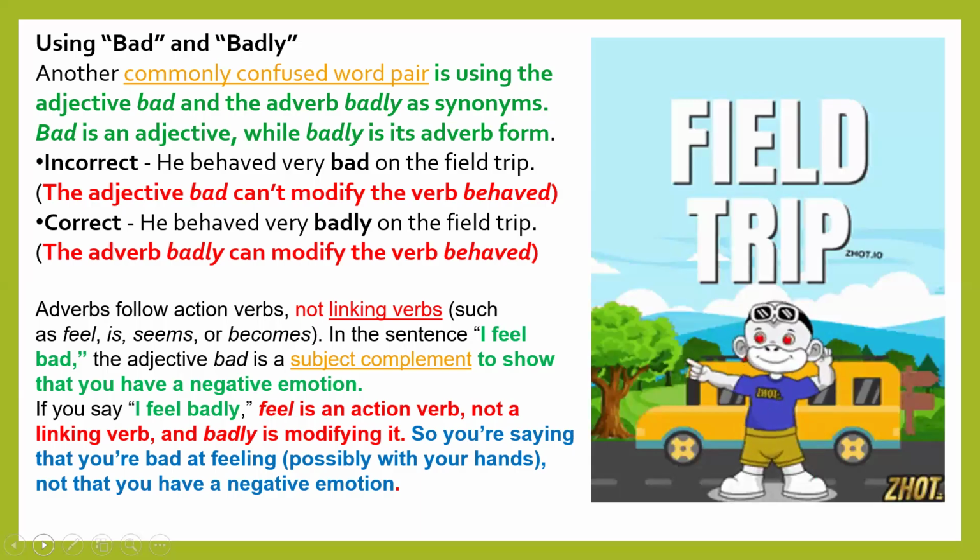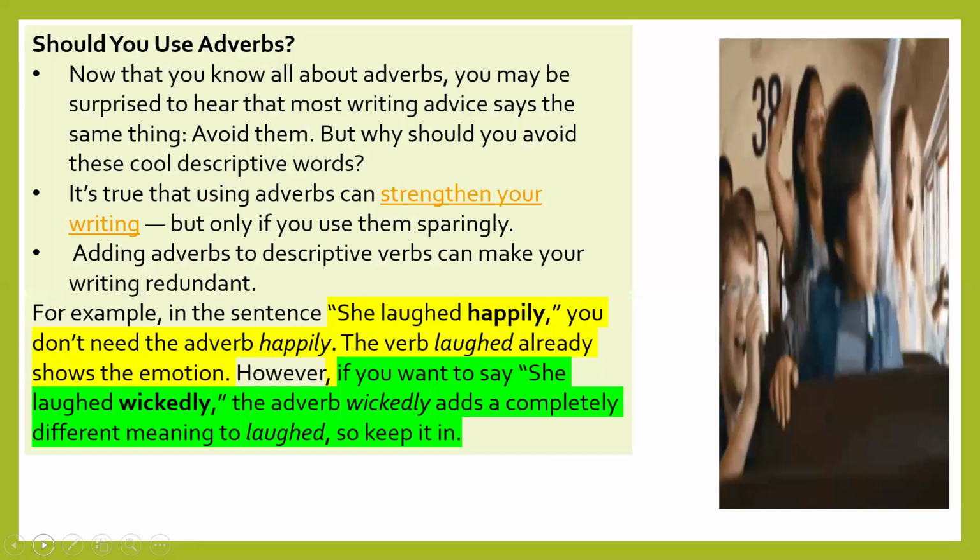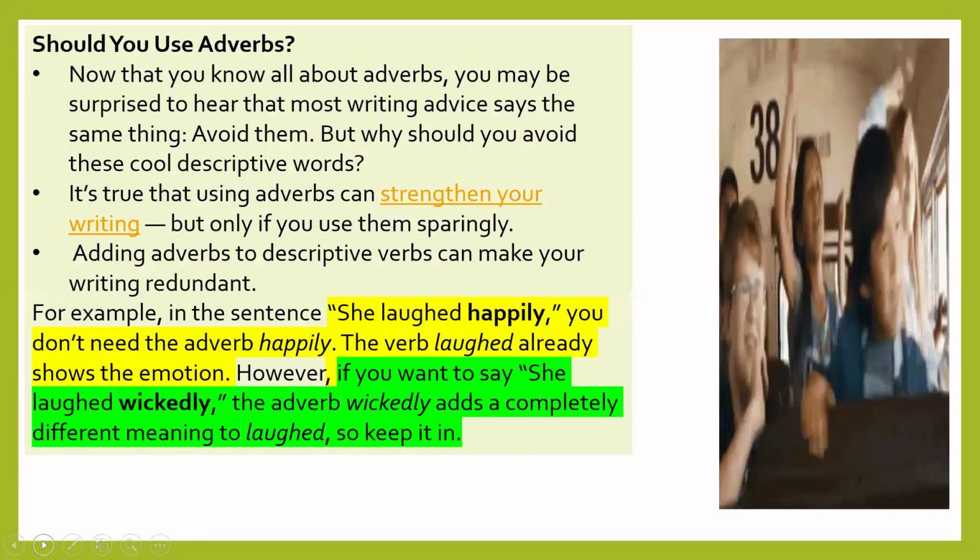Badly is modifying the verb feel, which is an action verb. So you are saying you are bad at feeling, not that you have a negative feeling. This is the difference.